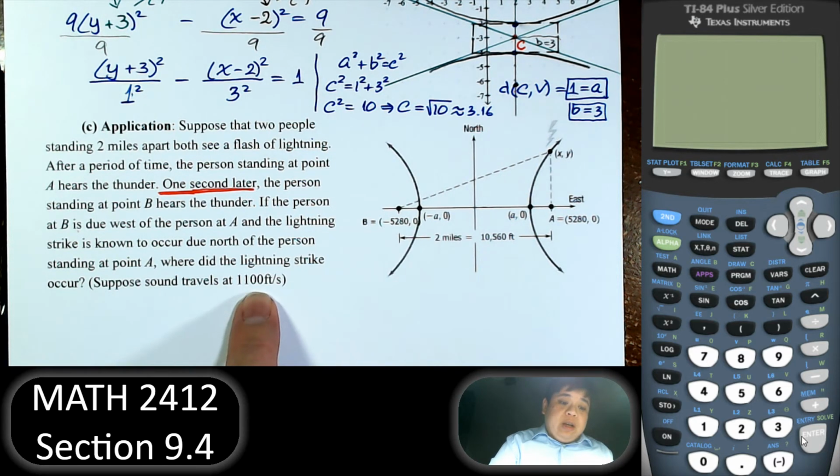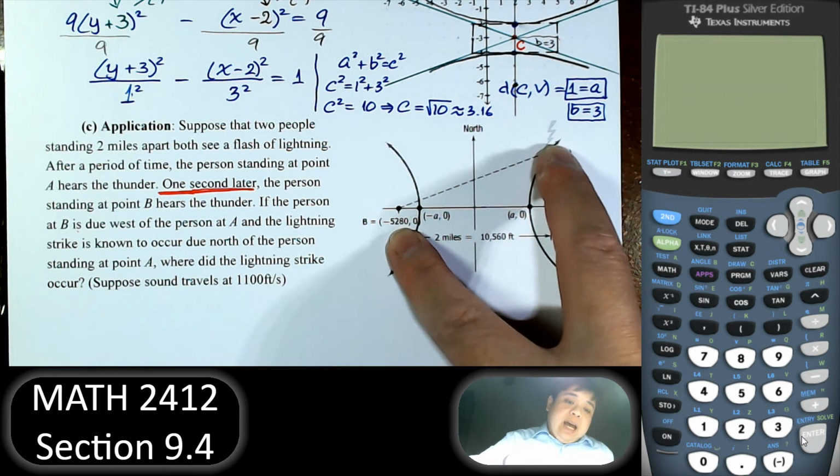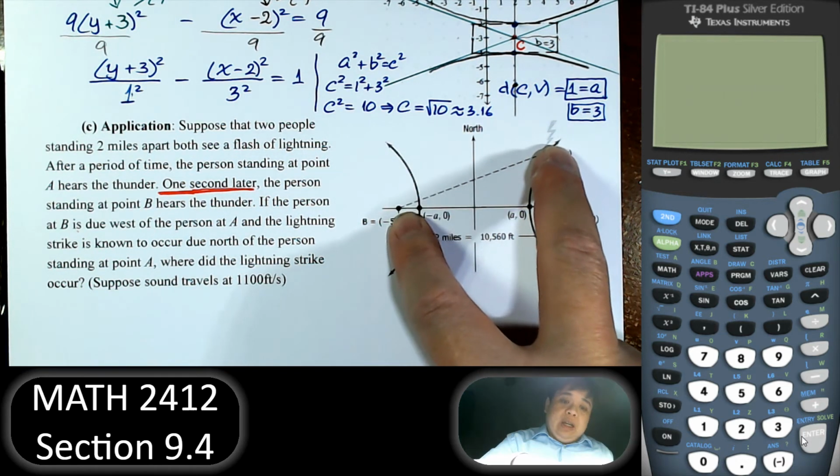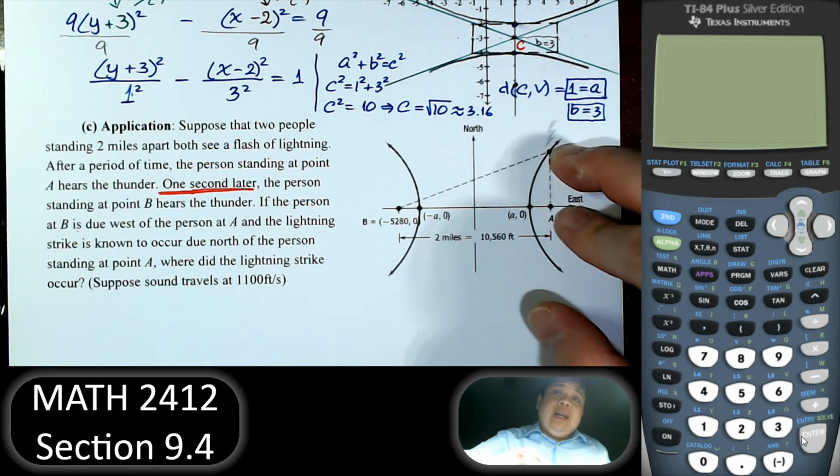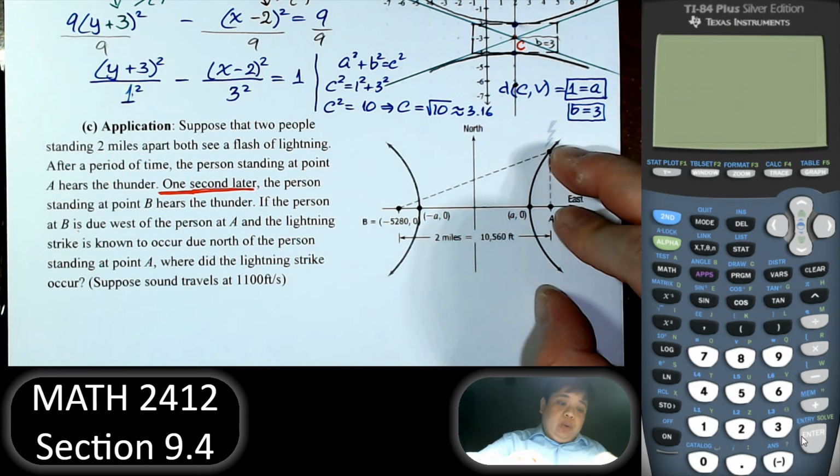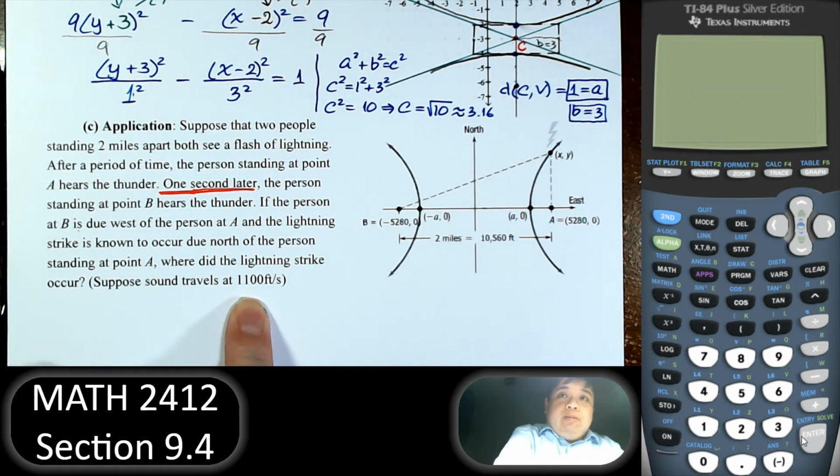The speed of sound is 1100 feet per second. So the distance from the lightning strike to B, minus the distance from the lightning strike to A, equals 1100 feet.